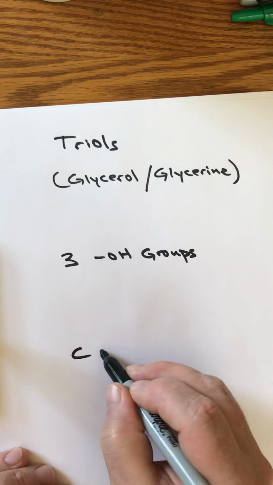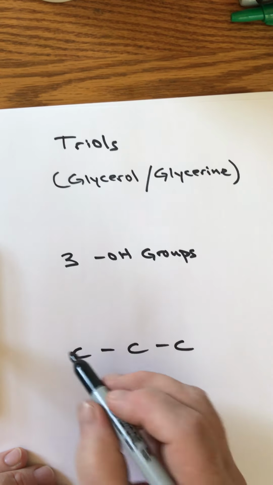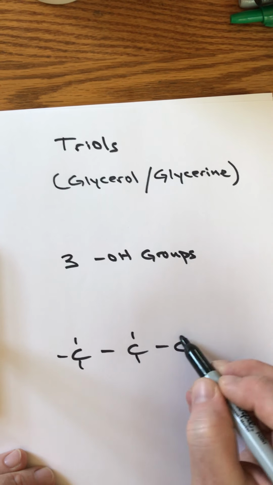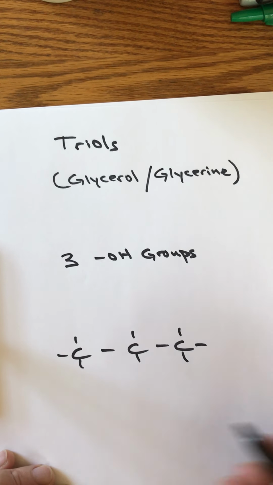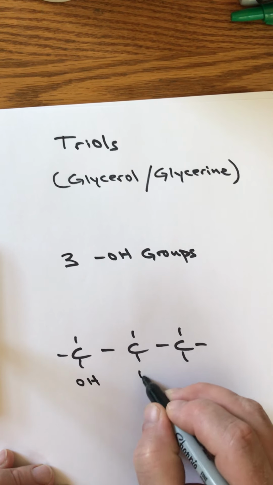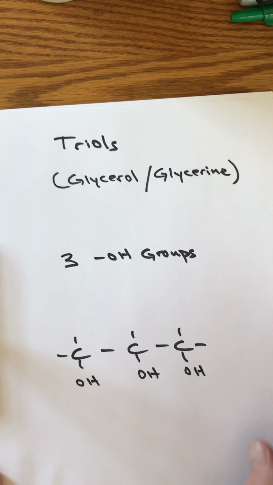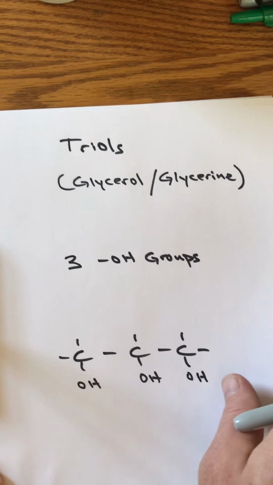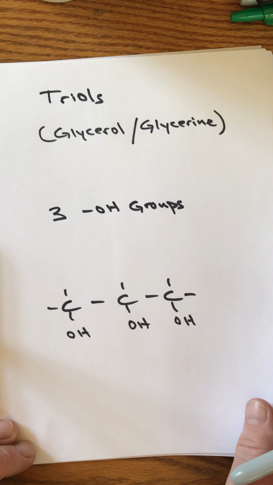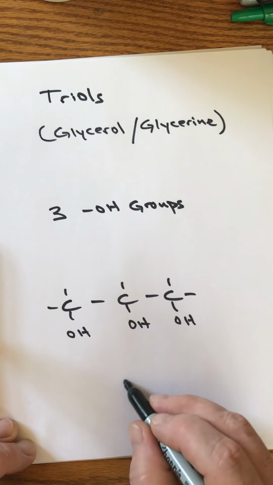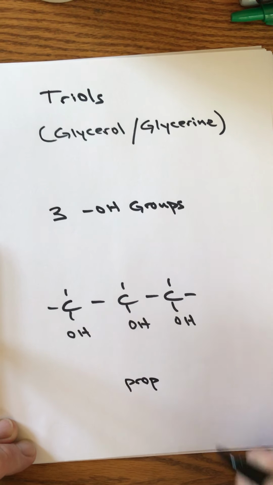All right, so 3 OH groups. So if I had 1, 2, 3 carbons, I don't have to have 3 carbons, but I can. I'll put an OH here, an OH here, an OH here. What would you call that? That's the glycerin or the glycerol that they're adding to the hand sanitizer. But what is the IUPAC name for it? Well, 3 carbons, that's prop.